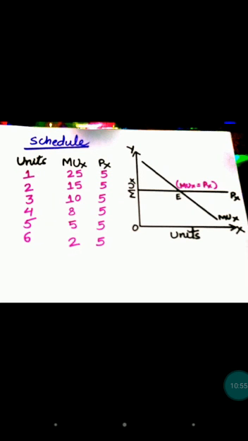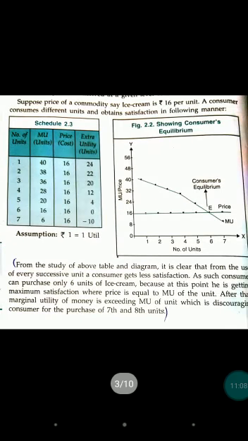The point where PX intersects MUX, meaning MUX equals PX, is at unit 5. So this is the point of equilibrium. I hope you understood.